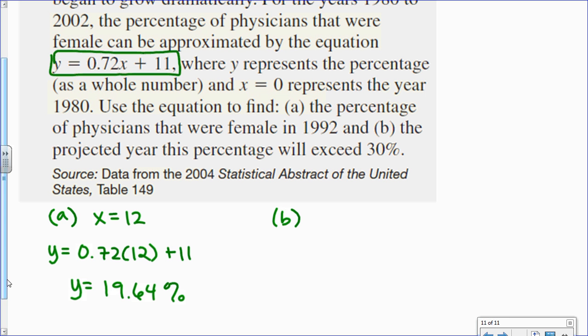Part B, I'm given percent, so is percent X or Y? Y. And it does tell me that Y represents a percentage as a whole number. So I'm not changing that to a decimal. Most of the time when we work with percents we have to change to a decimal, but it tells me it's a whole number.